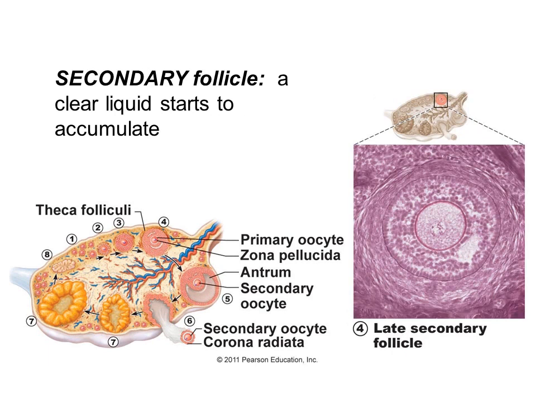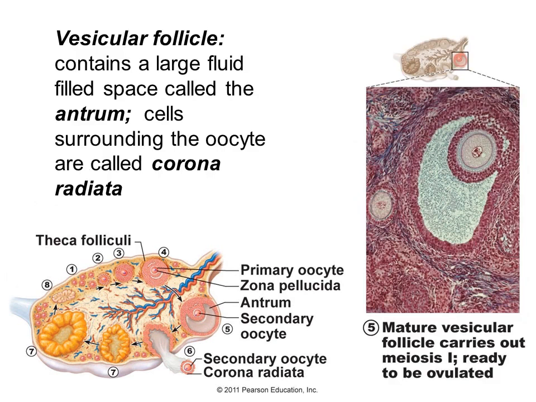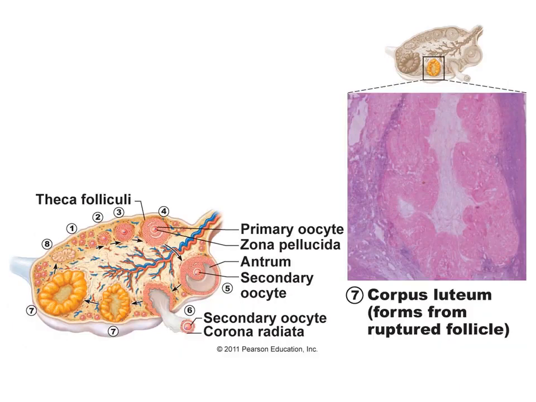Then you start to have fluid accumulate in there. And then in the vesicular follicle, you have a large amount of fluid along with the oocyte. This is prior to ovulation occurring. Now, after ovulation has occurred, you have the corpus luteum. That is what remains of the follicle that ruptured to release the oocyte.